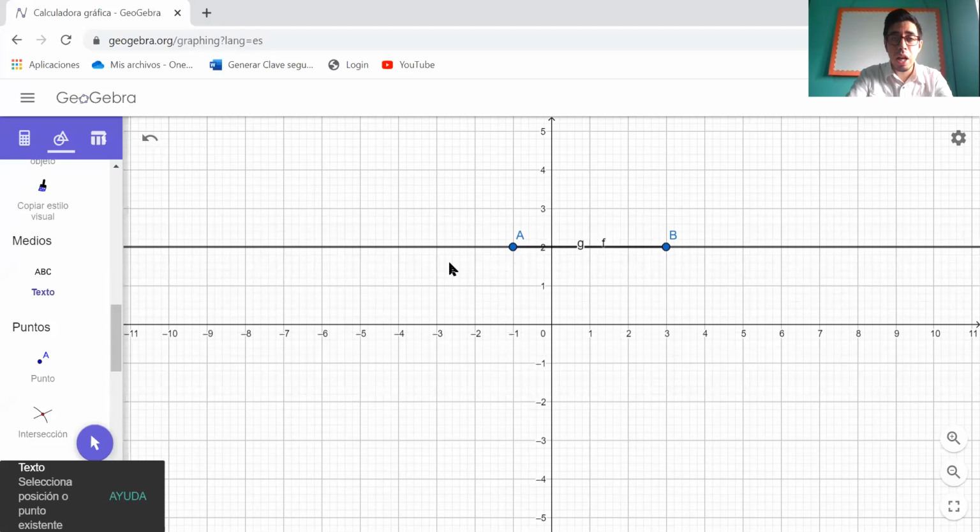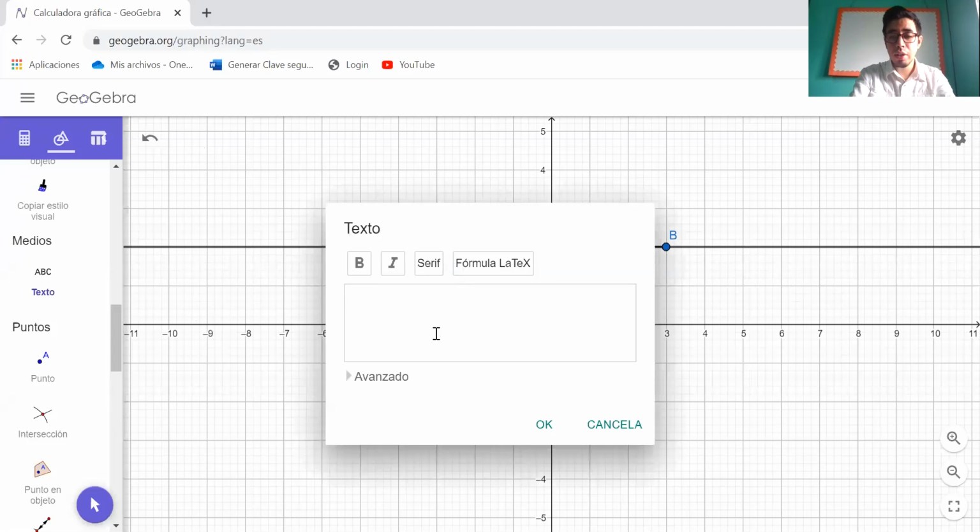The first point we have is -1 for X, and 2 for Y. And the other point is 3 for X and 2 for Y. Look, that is the same value of Y, because they are located at the same height, okay?